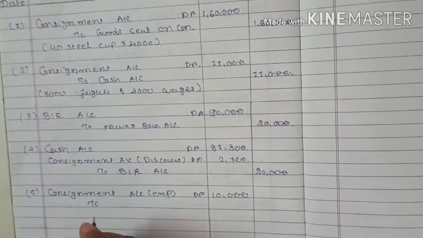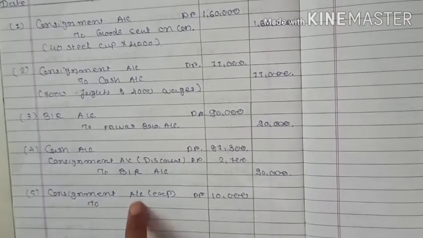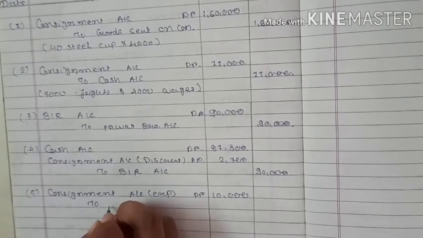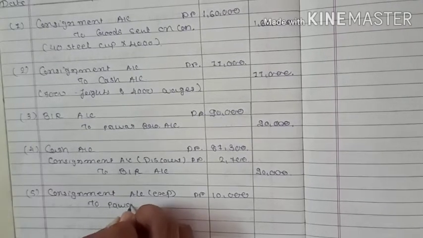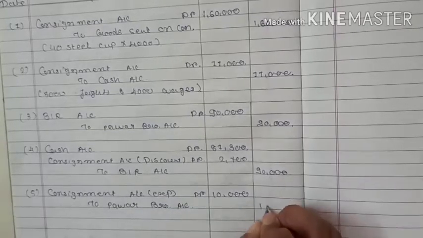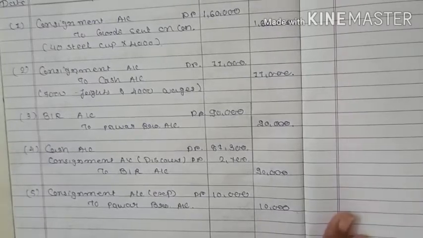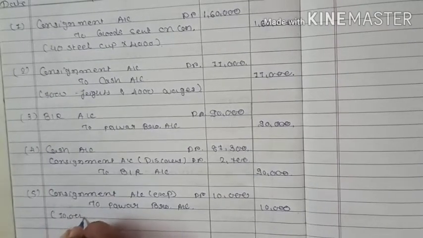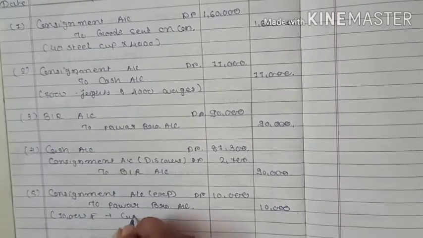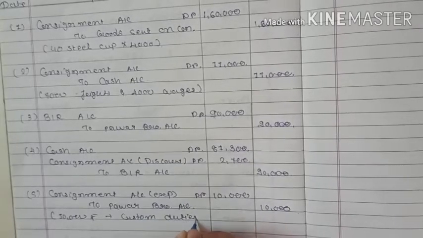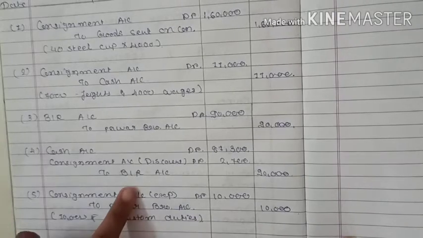Who is paying? The consignee is paying. So to consignee account. What is the name of the consignee? Pawar Brothers. So we will write to Pawar Brothers account of rupees 10,000. Pawar Brothers is paying 10,000 rupees for custom duty. Paid by whom? Consignee.